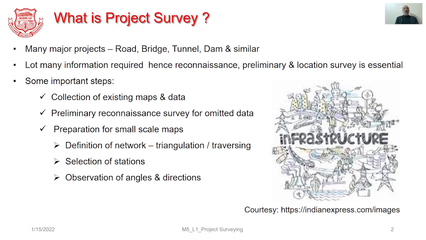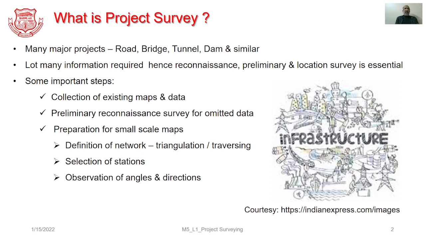However, in order to understand the brief steps or the overall idea that we keep for the project surveys, we can understand some of the important steps such as collection of the existing maps and data. For a particular place, some information could have been collected and that information would be available in the form of some maps as well as some databases.